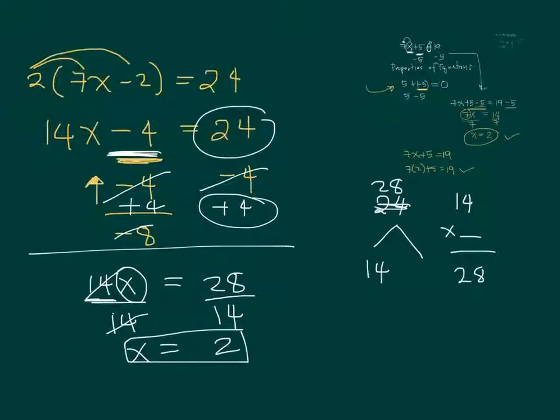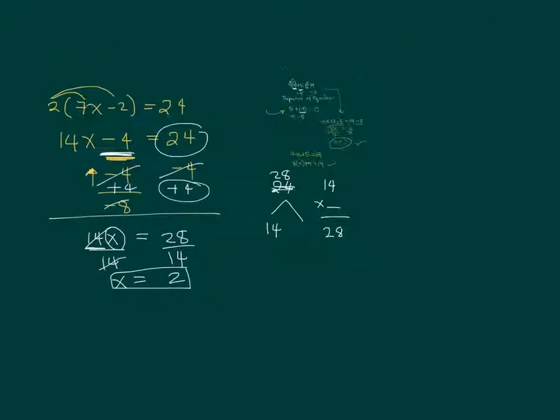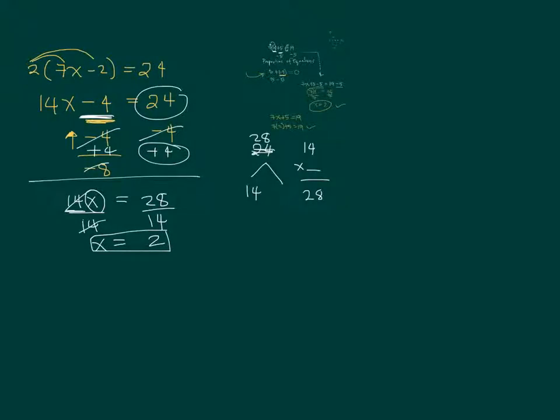The good thing about equations is that you can actually check if your answer is correct. So 2 times the quantity 7 times 2 minus 2 is equal to 24. Is it true? Now don't make the mistake of subtracting 2 immediately.